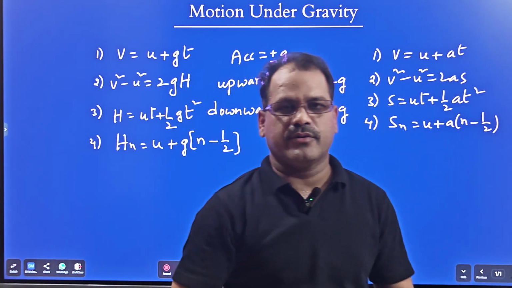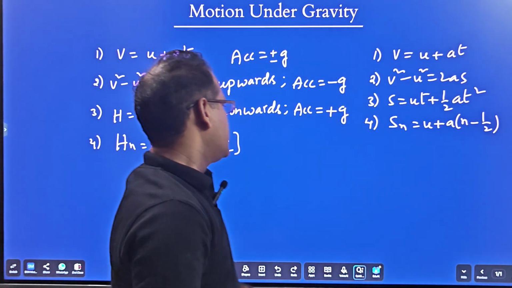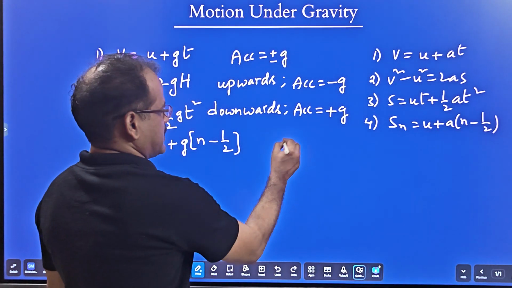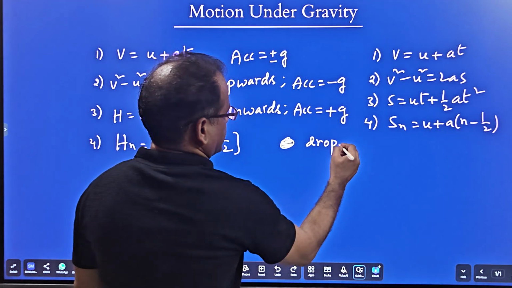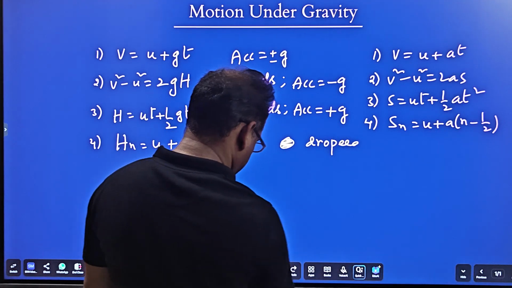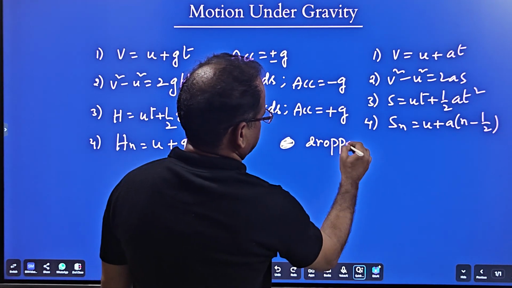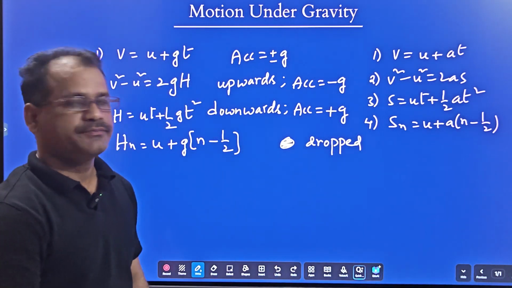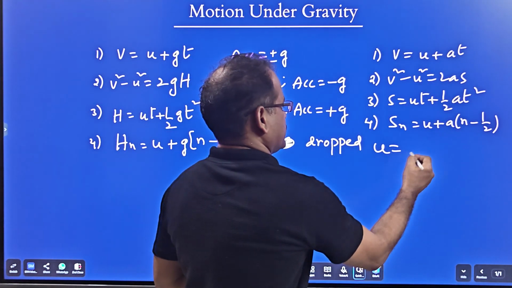Before entering into discussion, some points to be observed: when the object is dropped, then we should know that the u value is 0.